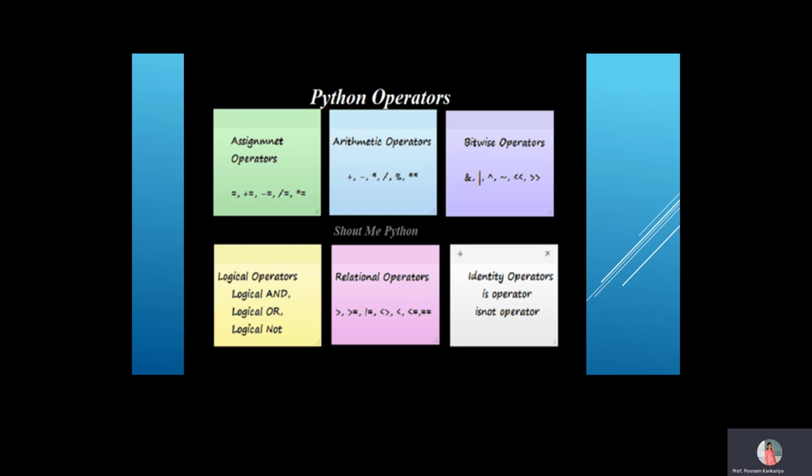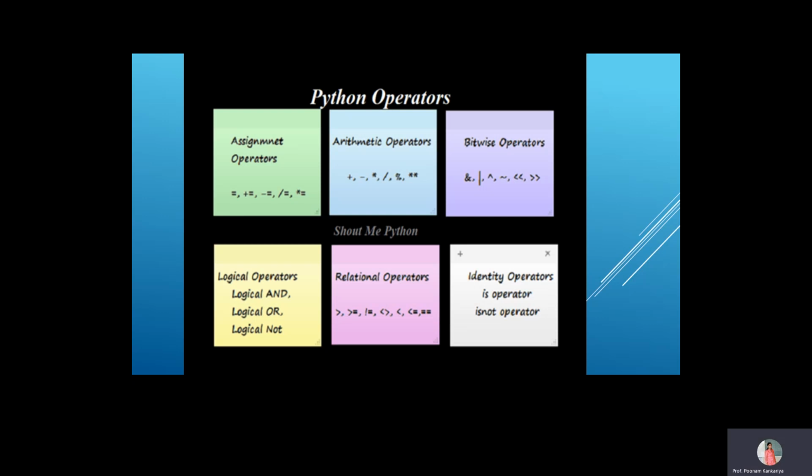Now we see relational or comparison operators, which are used to compare two values. Relational operators used in the Python programming language for comparing statements are greater than, equal to, not equal to. These are some relational operators used in Python.